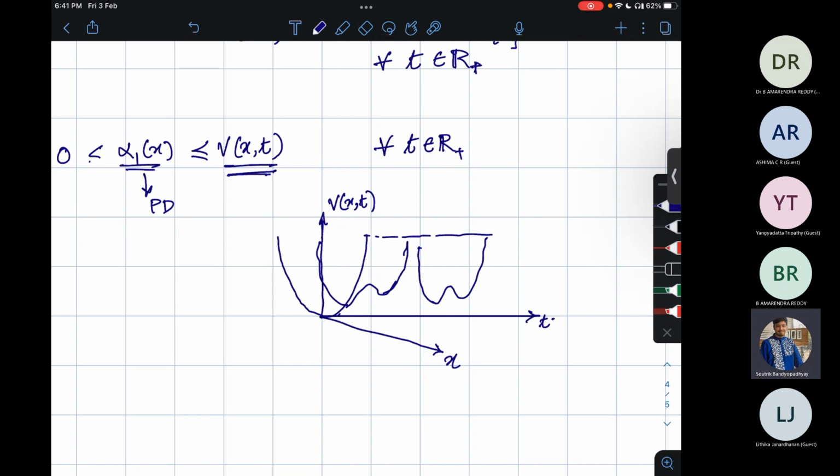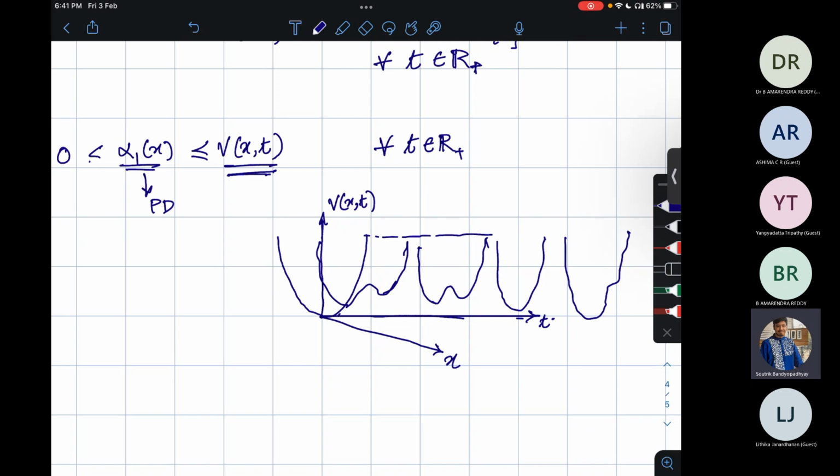If you stack different Lyapunov function values along the x-axis, this can be visualized, right? You need good visualization skills to see this in action. But suppose this kind of Lyapunov function exists, right?